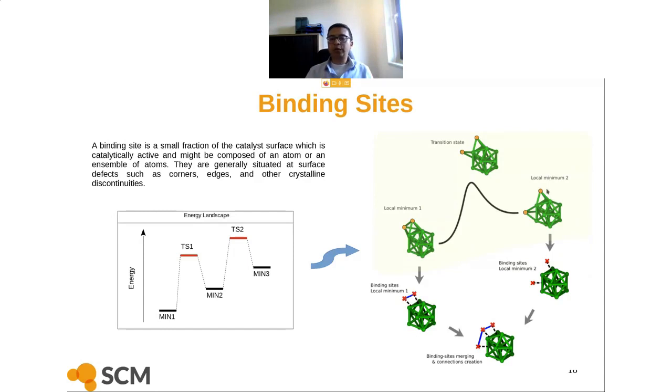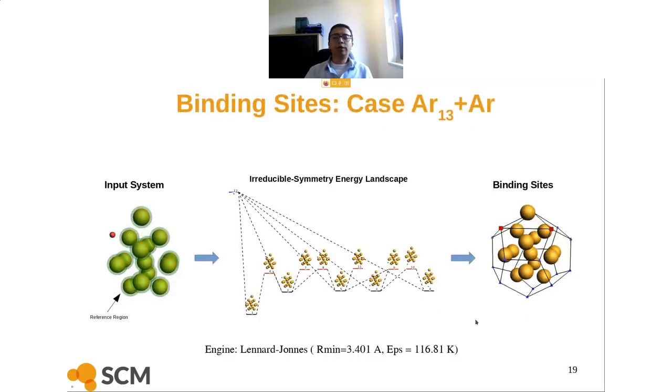So in the other case, we just have the position of the binding sites. And regarding the transition state, we use this information to connect the additional binding sites. So basically, we have to merge the binding sites from the reactant and products, and then include the connections if there is a transition state in the middle. So here I would like to show this simple example.